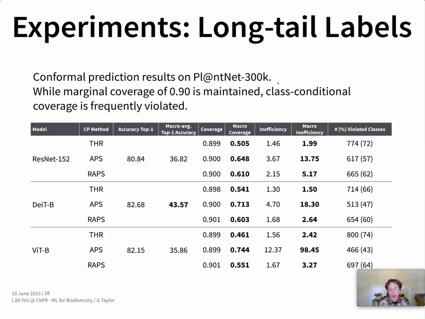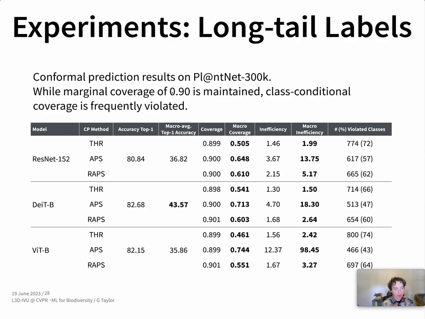The other phenomenon that's present in biodiversity that we looked at is the long-tailed label distribution setting. So a few things to note when we assess on the Pl@ntNet-300K long-tail data set.